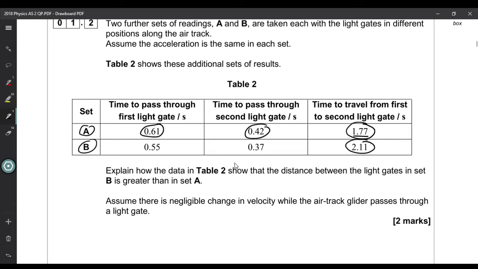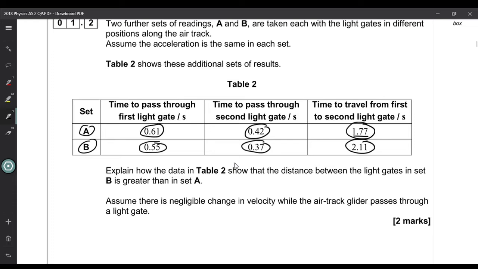We can see that the time it takes to pass through gate 1 is less in B than it is in A. And also, if we look at the times to pass through the second gate, again, it's less in B than it is in A. So what we can imply from that is, because the time travelled through the gates in both cases is lower, then B must be travelling at a greater speed, a greater velocity, than A.